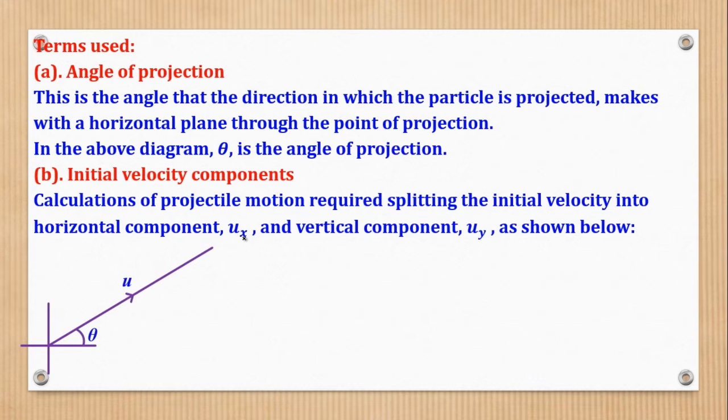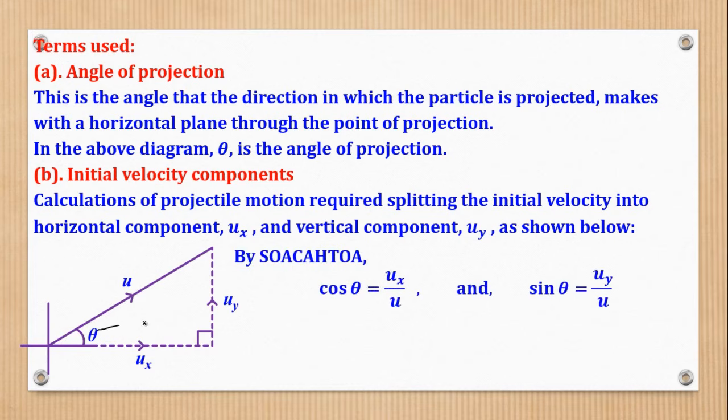So how is resolving done? We shall remind ourselves, though we already saw it under vectors and scalars. This velocity here is divided into two components. One is horizontal, another one vertical, moving upwards. In that case, it will form a right angle triangle, and we can use SOHCAHTOA. So cos will be adjacent over hypotenuse, then sine will be opposite over hypotenuse.